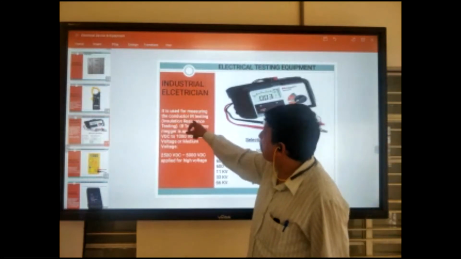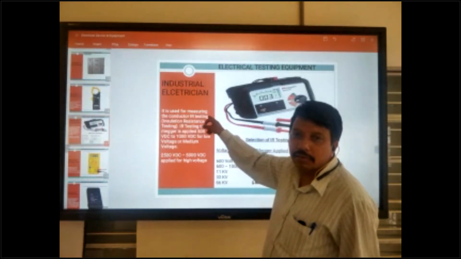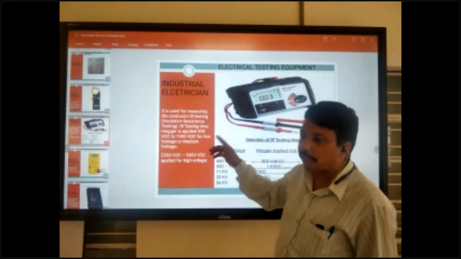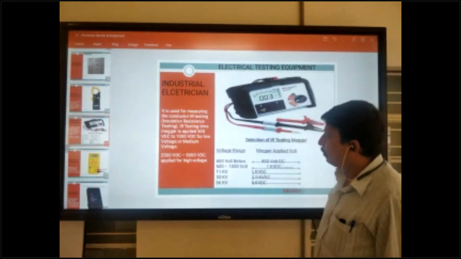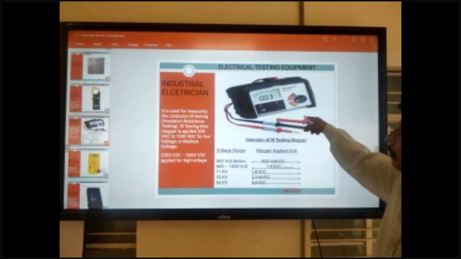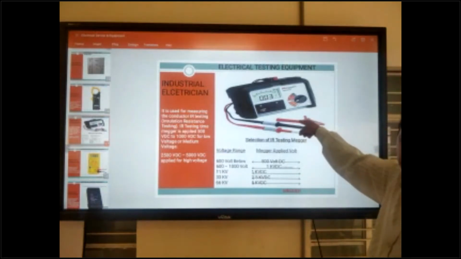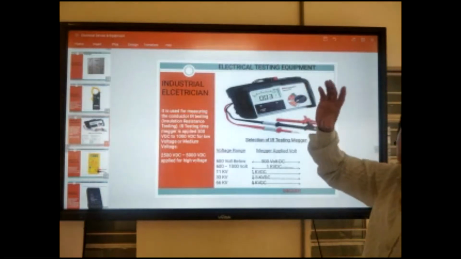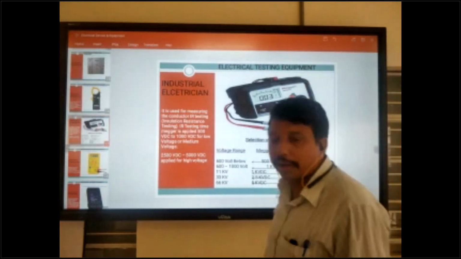IR means insulation resistance. If we are taking the insulation resistance of a cable, that time we can use the megger.